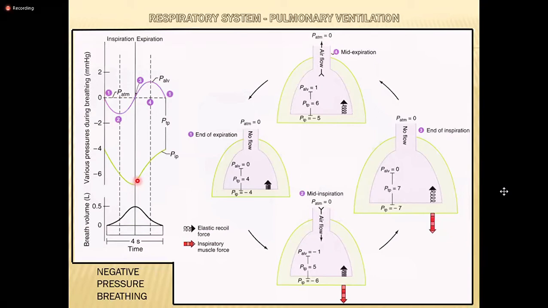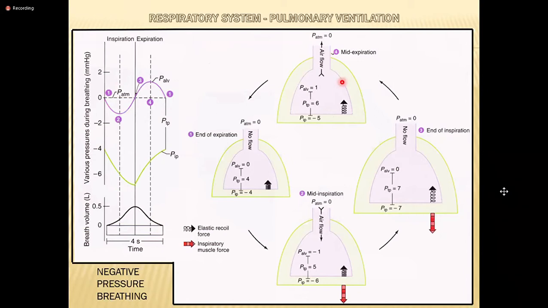What happens? At the end of inspiration, there is increased pressure inside the lungs. So what will happen? The air is blown outside. It will go out of the alveolus.